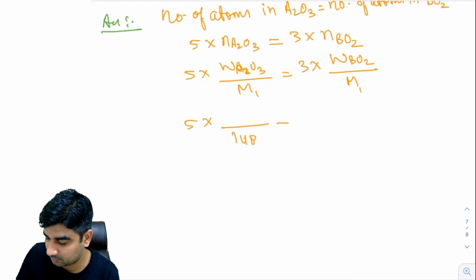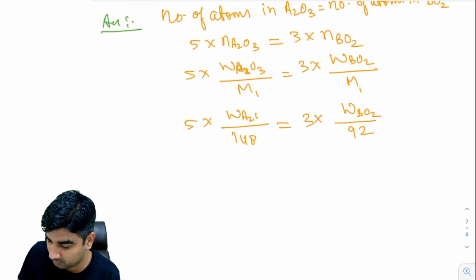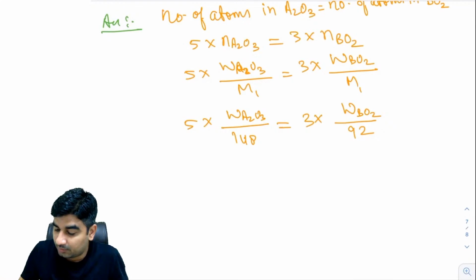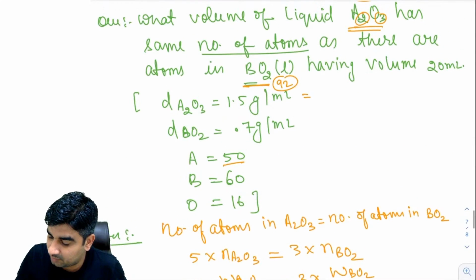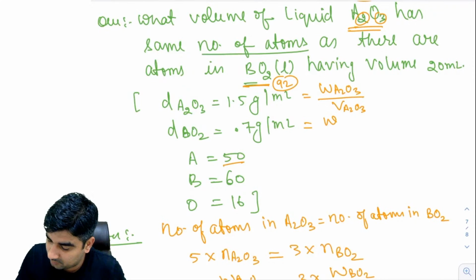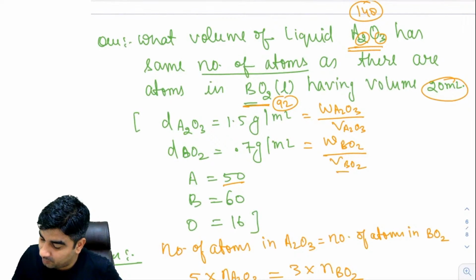148, 92. Weight of A2O3. I hope it's clear now. Now how to find weight? Now you are given the density of A2O3, so weight will be density times volume of A2O3. Now you are given 20 ml of BO2, so weight of BO2 will be 20 into 0.7.